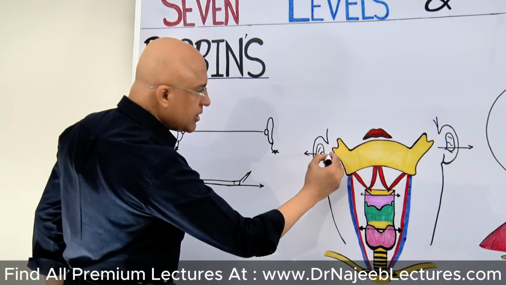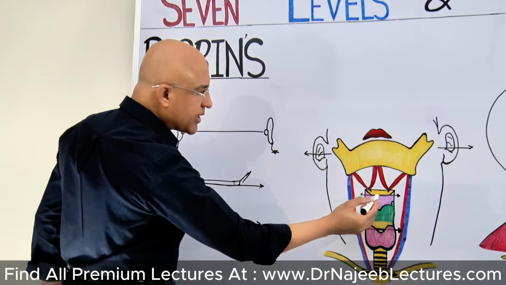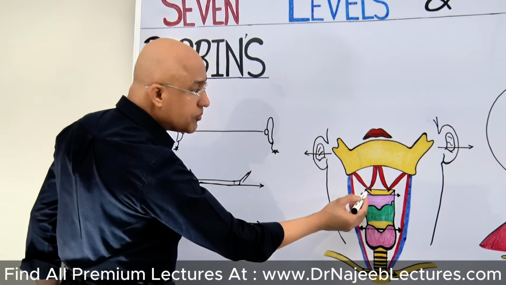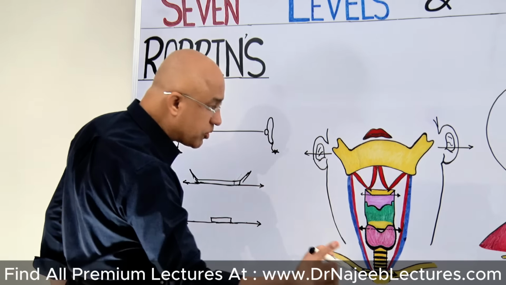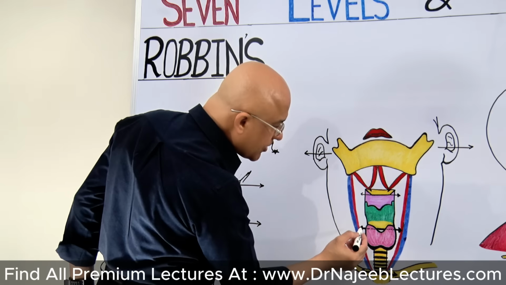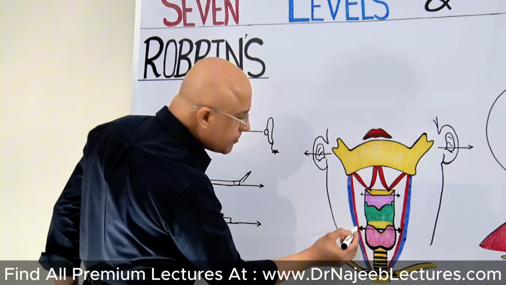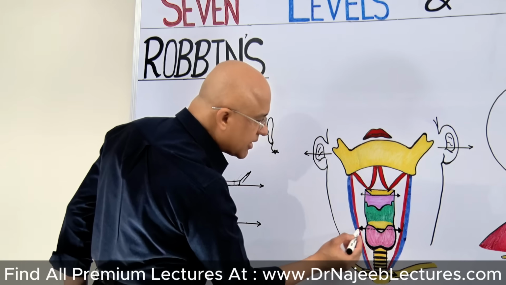It means here you have the first landmark, which is the base of the skull. This is the second landmark before we start the classification, that is the inferior border of the hyoid bone. Very good. And then the third landmark which I wanted to put in your mind was the inferior border of the cricoid cartilage.